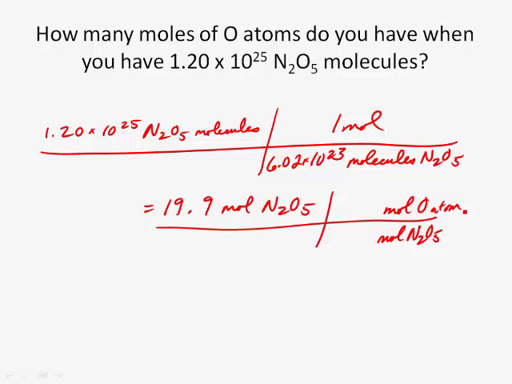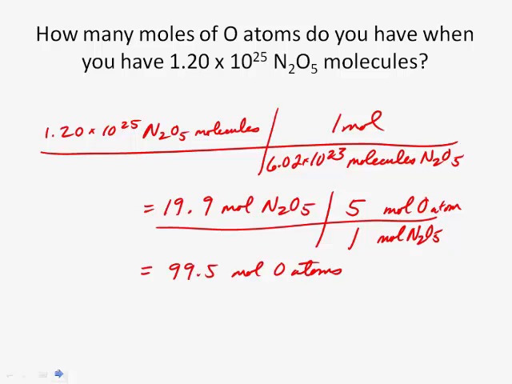Looking at the formula N2O5, for every 1 mole of N2O5 molecules, I'm going to have 5 moles of oxygen atoms. So 19.9 times 5 gives me 99.5 moles of oxygen atoms.